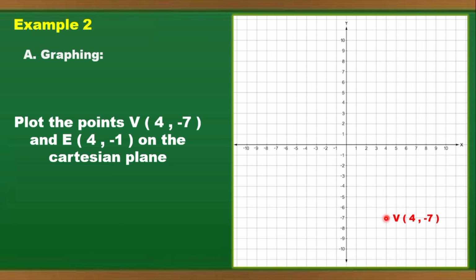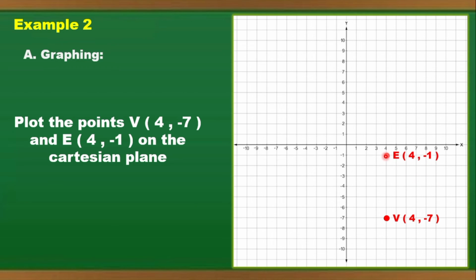Next, let's find point E. In the given, we have positive 4 and negative 1. Let's find positive 4 on the x-axis. 1, 2, 3, 4. And let's find negative 1 on the y-axis. Negative 1. Our point E is here.